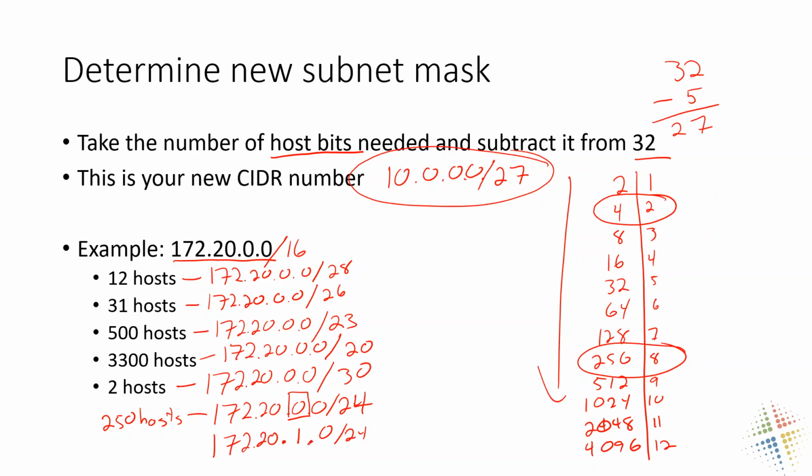So I've created not just a smaller network, but I've created multiples of them. So now I can have a 0, I can have a 1, I can have a 2, a 3, and so on. And I can use this middle block, because those are the 8 bits that are different from the original 16 and the new 24, in order to define additional networks in my environment.